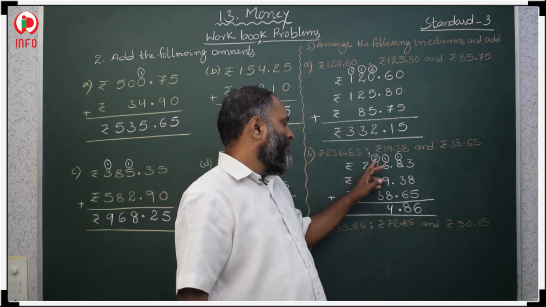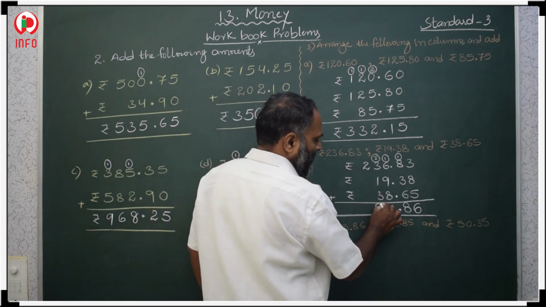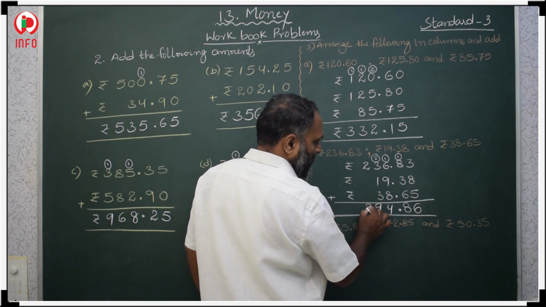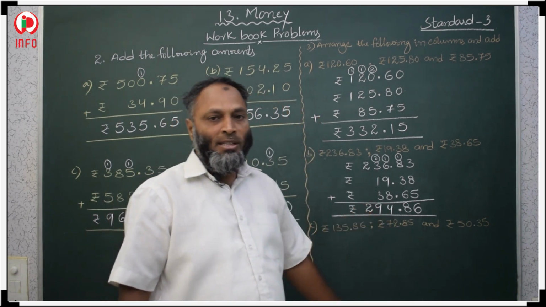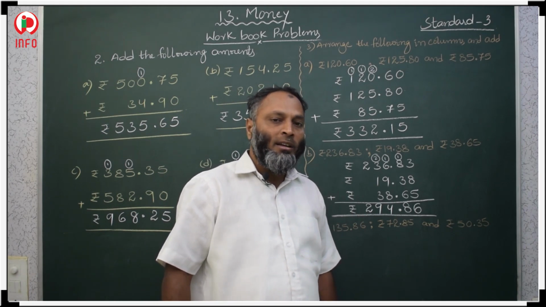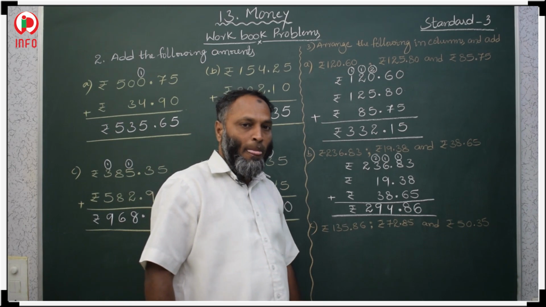Then 3 plus 2, 5, 6, 7, 8, 9. And here only 2 is there, that 2 we copy. So 294 rupees 86 paisa. Okay.